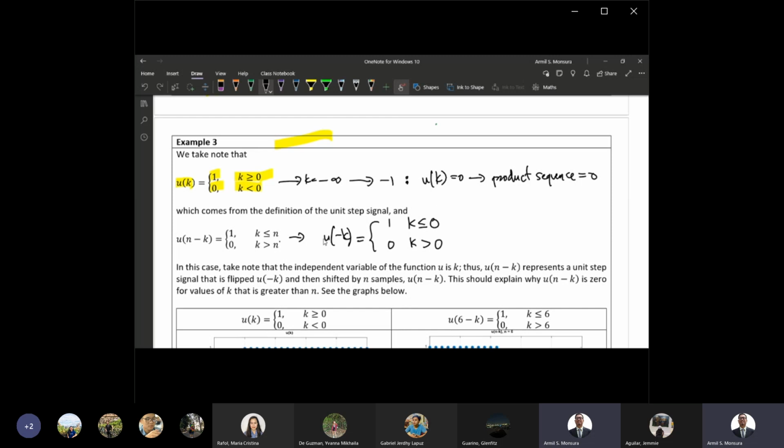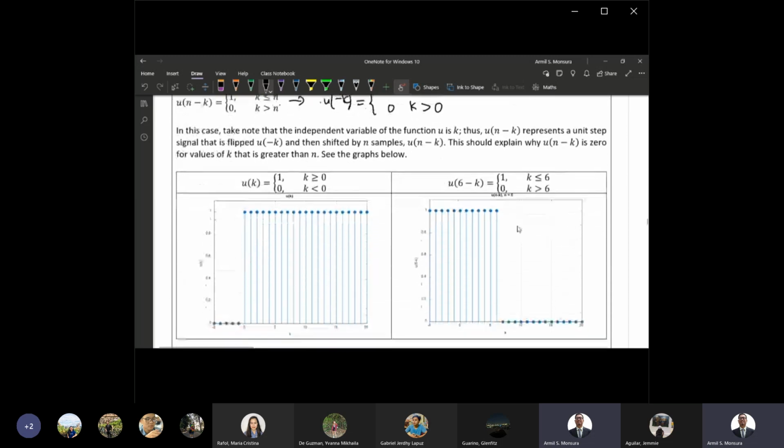Now, ngayon, isi-shift kasi natin to para maging U of n minus k. Pag shift natin ngayon yan, regardless of the amount of shift, tandaan nyo na lahat ng mga values sa kaliwa ng 0 ay 1. At lahat na nasa kanan ng 0 ay 0. Ito, may example lang ako.